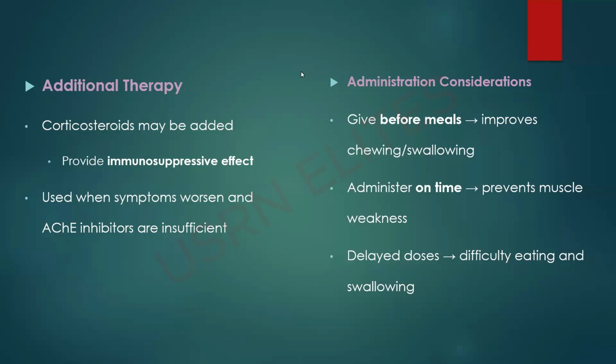So when you get myasthenia gravis anywhere, apart from the drugs which are being used to treat, what's the first line of medication that is used to treat myasthenia gravis? Who can say that quickly? Pyridostigmine.